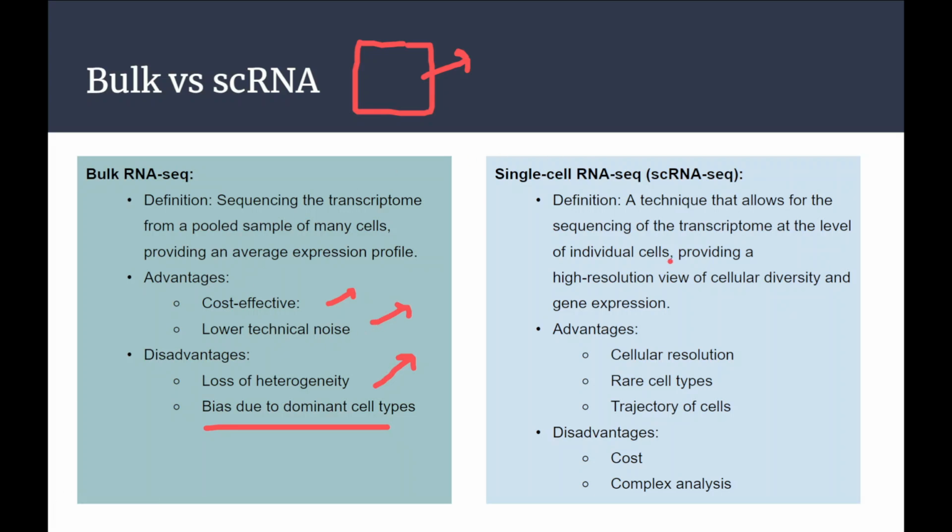But when you go for single cell, it is costly, and the analysis is also a complex process. In bulk RNA it is straightforward to compare and find the genes showing expression in one condition and not in the other condition.